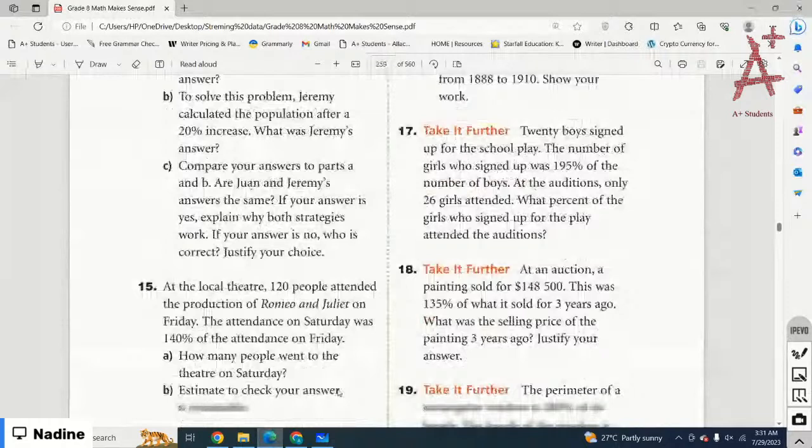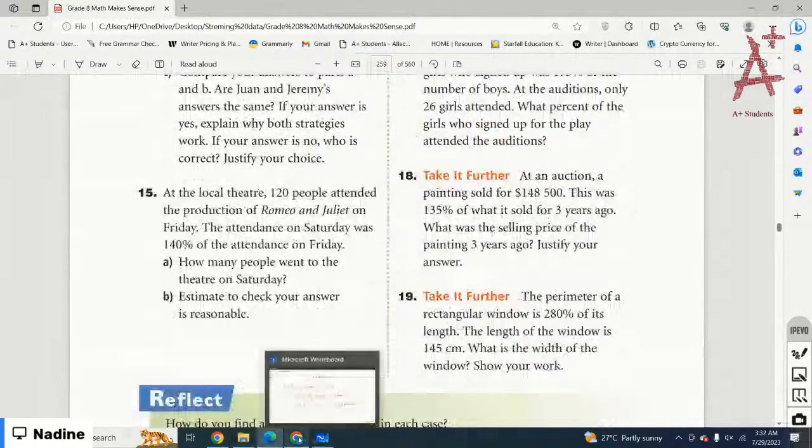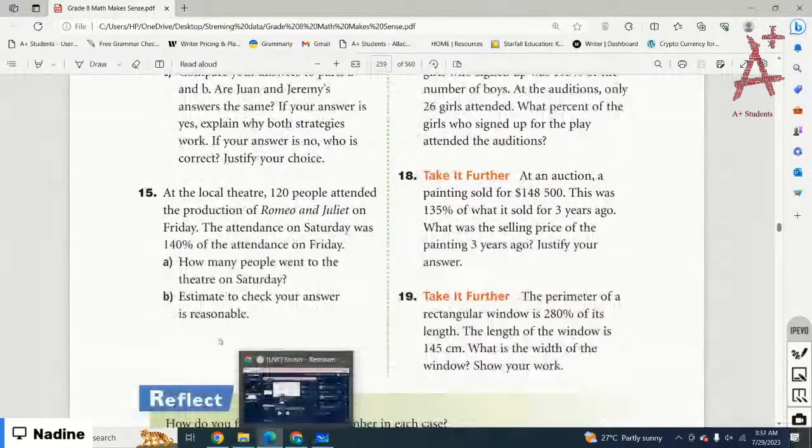So it is 140% of 120. Got it? So just use the calculator, 140 divided by 100, that is 1.4 times 120. That means on Saturday there are 168 people, right?